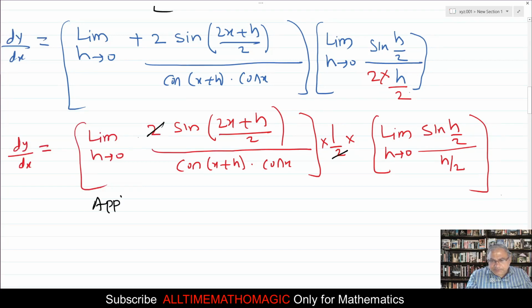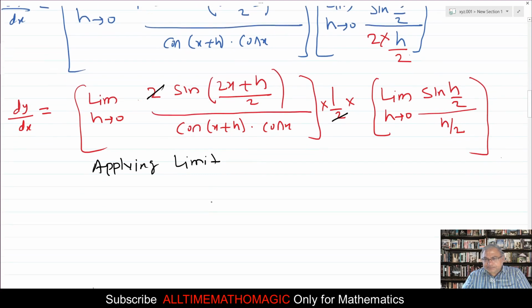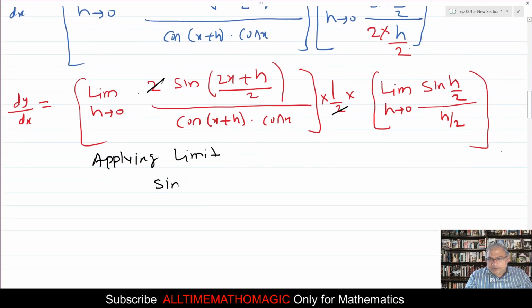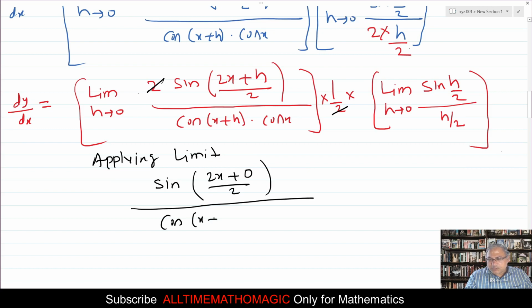Now applying limit, we get sin of (2x plus 0) upon 2 divided by cos of x plus 0 cos x, and by formula the second bracket becomes 1.